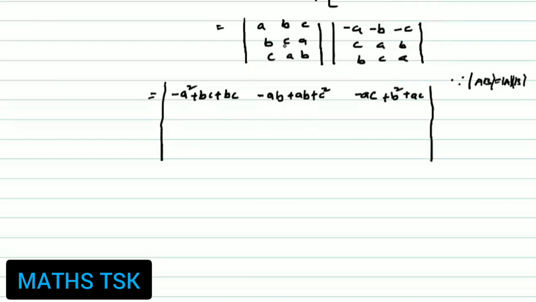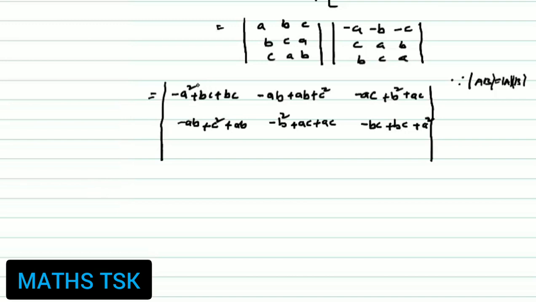Next, I will go for the second row. BCA is multiplied with minus A, minus B, minus C. Minus AB and then plus C square plus AB. Right. And the next, minus B square plus AC plus AC. And then minus BC plus BC plus A square.